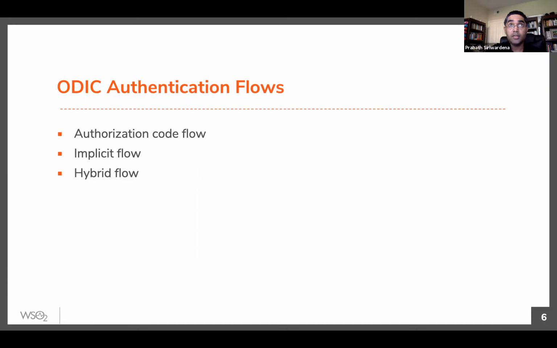The authentication flows in OpenID Connect use some of these grant types, but define their own protocol for how to get an ID token from the authorization server or the OpenID provider, right? So it defines that in 3 flows. We'll go through each and every flow and see how those work.